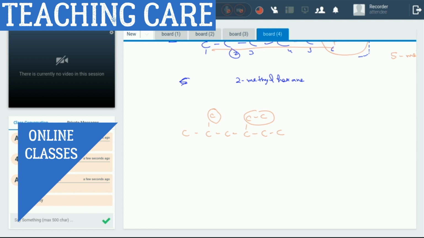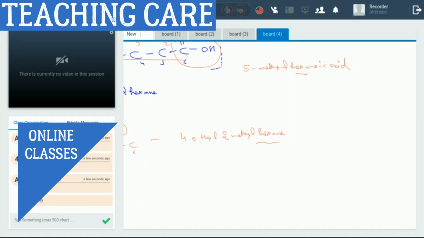Very good. But remember, it should be alphabetical. Tell me, ethyl and methyl, which comes first? E or M? E. So it'll be 4 ethyl, sorry, 4, 1, 2, 3, 4, 5, 6. So it should be 4 ethyl 2 methyl hexane. Am I right? Yes. Very simple.